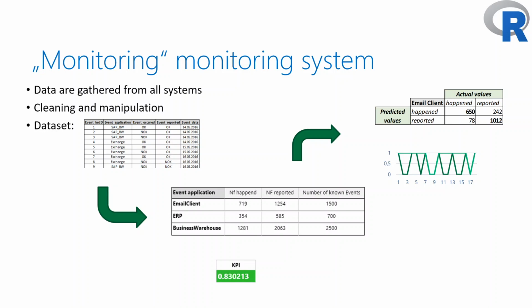Imagine you're monitoring 15 different systems, and there are events on these systems, either good or bad, and you have some false positives and false negatives. Each time there is a false positive, something has happened, and each time there is a false negative, something has happened. And you can evaluate whether those false positives and false negatives were really true or not.